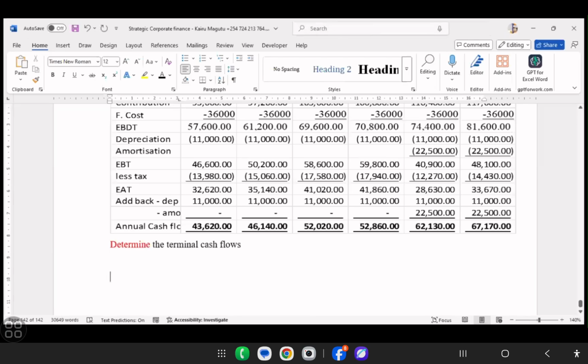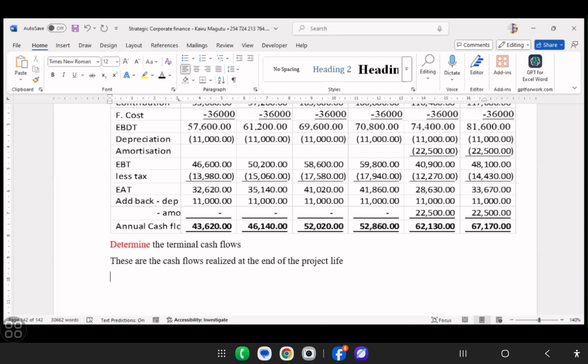We say that these are the cash flows realized at the end of the project life. These are the cash flows that are realized at the end of the project life.